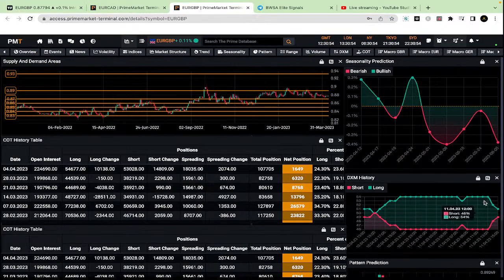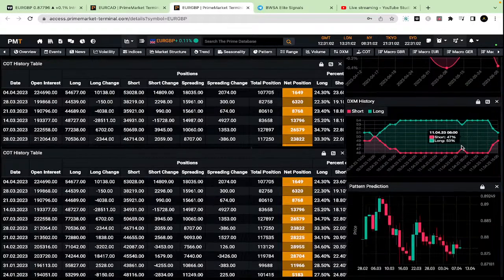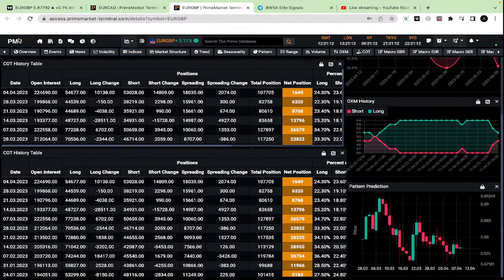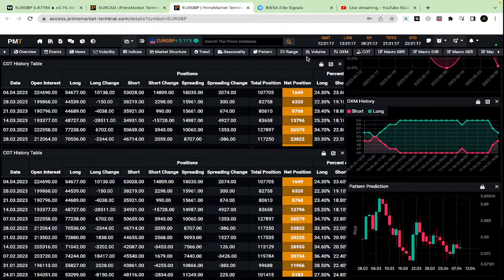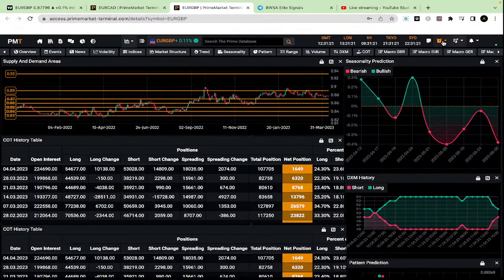We have the majority of retailers currently almost at a split, 49 to 51. We have no predicted candles. They've been all over the place. I would love to see retailers starting to add long positions to this before I get in, considering that they've been dropping their long positions for quite some time. So I would like to see retailers switching to being more net long and showing some interest in actually adding long positions.